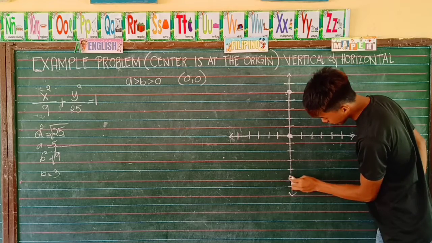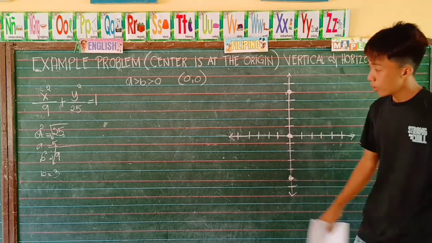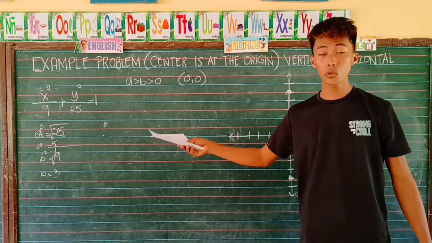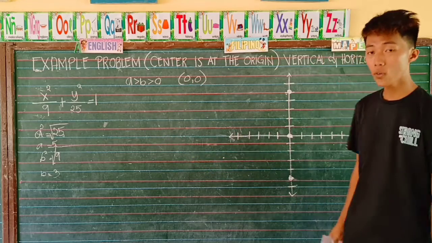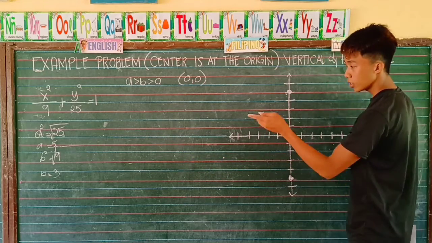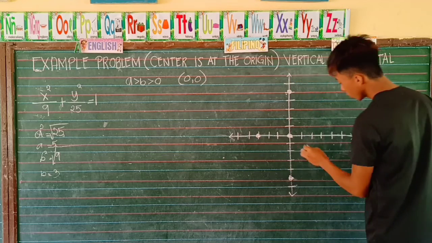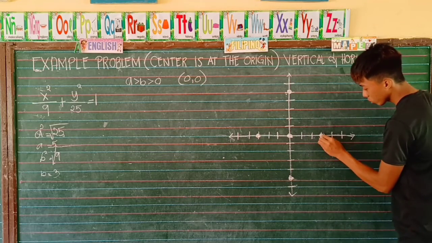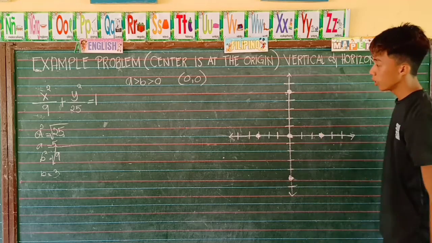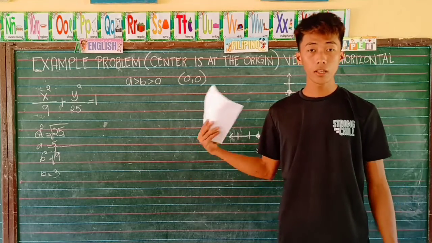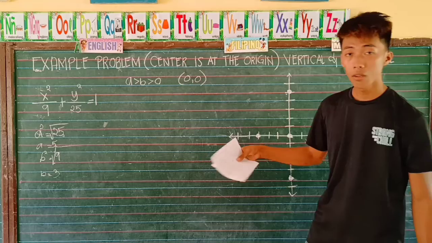Our second vertex. Value of B is equal to 3, or our co-vertex. 1, 2, 3. And then the second co-vertex. And now we're done plotting our A and B.